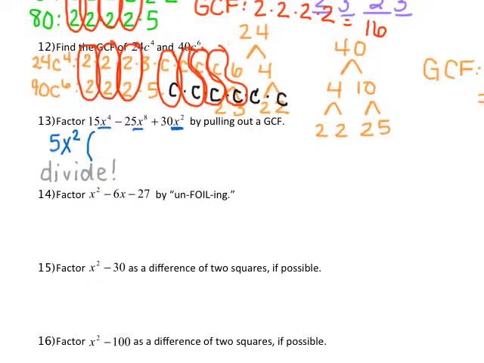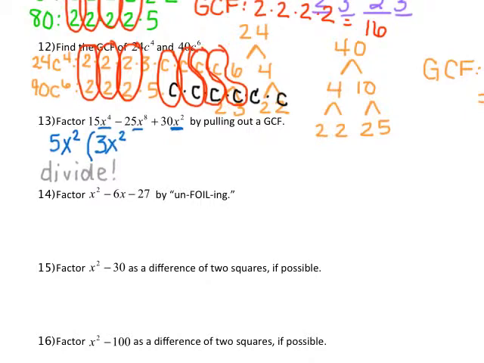So 15 divided by 5 is 3. And if I take 2 x's out of 4 x's, I would be left with 2. That is subtraction. I know you're thinking, oh my gosh, Mrs. Strigno, you just told me I was supposed to divide. You are dividing. Remember the rule when you're dividing with exponents is that you subtract the exponent. So x to the 4th divided by x squared would be x squared.